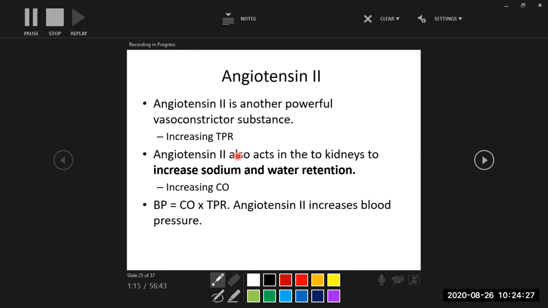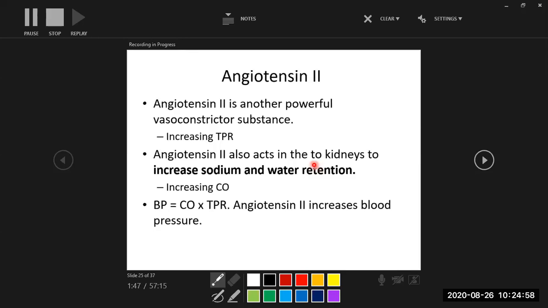It can also act on the kidney to cause sodium retention and water retention, not directly but indirectly, to cause our body to retain more water. And that retained water basically will be stored in the veins. Venous return will increase the stroke volume and increase the cardiac output.